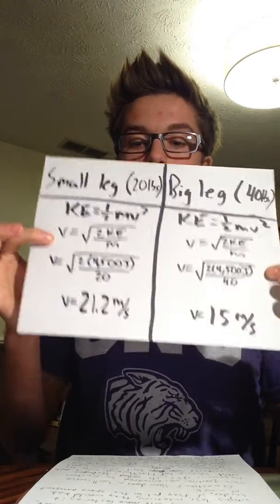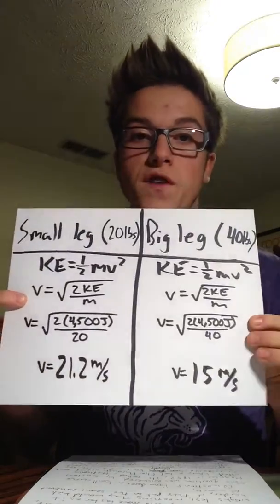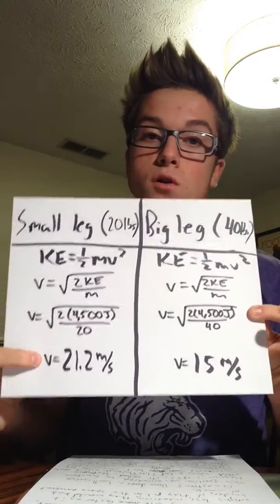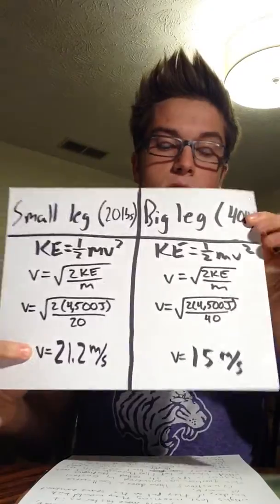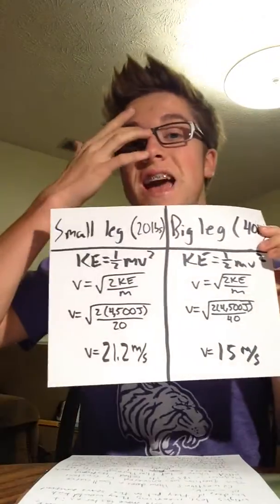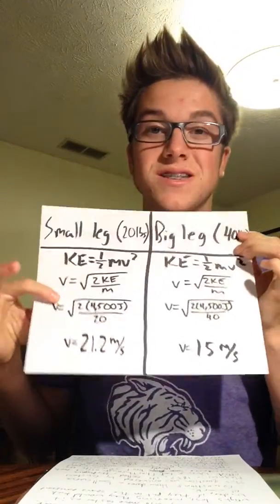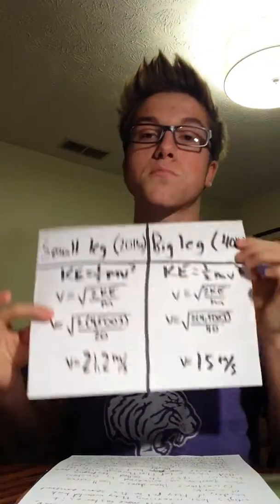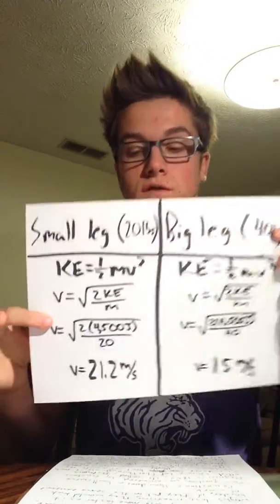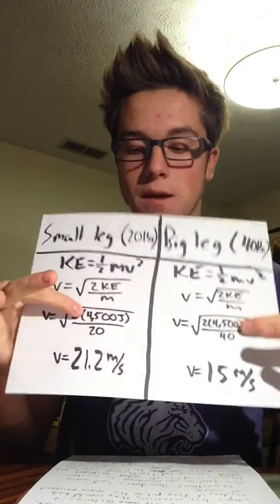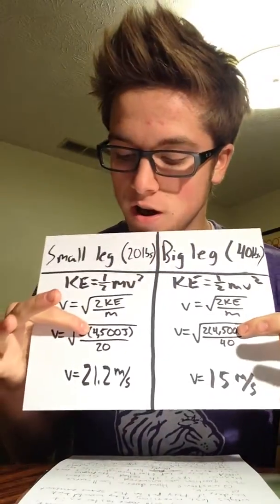Plugging the numbers in and solving, we are able to find that the velocity of the smaller-legged gentleman compared to the velocity of the bigger-legged gentleman is actually about 6 meters per second faster if they're both kicking with the same kinetic energy of 4,500 joules.